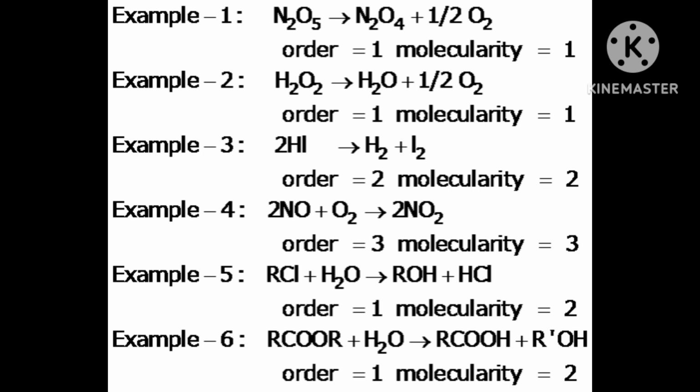Now rate divided by concentration of A power x into B power y, that value also you have to write. Then if you expand, for rate you have to write concentration divided by time. After that, the AB you have written, down AB you have written, AB upon 1 you can write and reverse it.